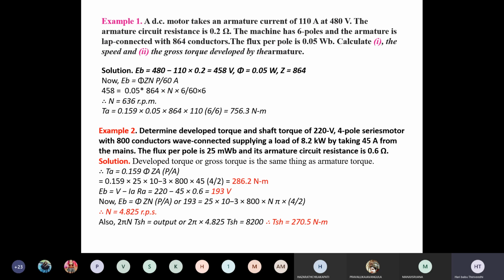Therefore TSH is equal to output by 2 pi N, otherwise 1 by 2 pi into EB by N, right?